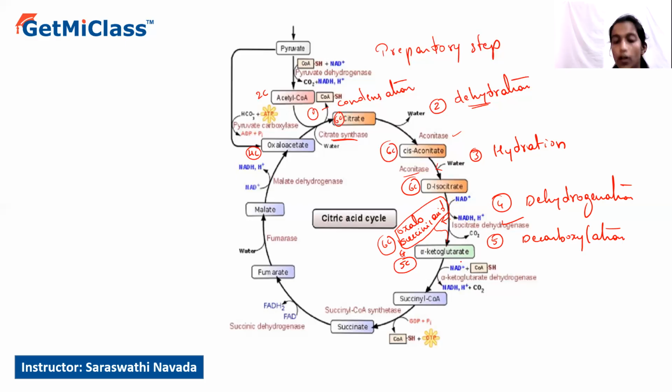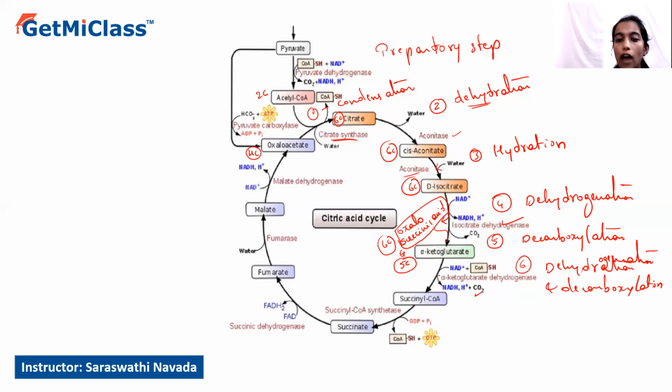ketoglutaric acid. So once this alpha ketoglutaric acid is formed, it undergoes dehydrogenation as well as decarboxylation together. So the sixth step involves both dehydrogenation as well as decarboxylation. Hydrogen ions are removed and carbon dioxide is also removed.